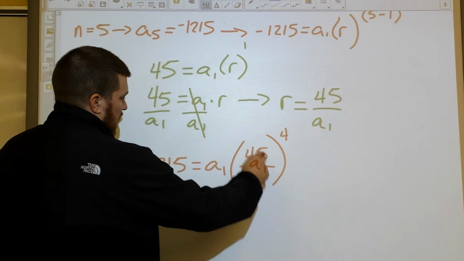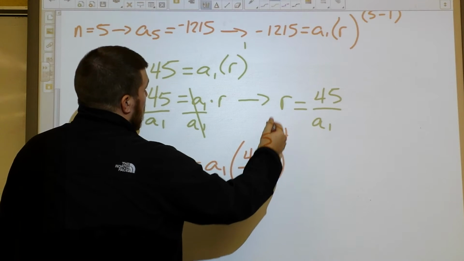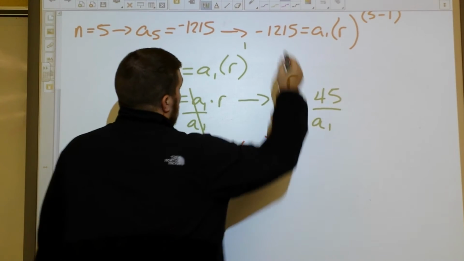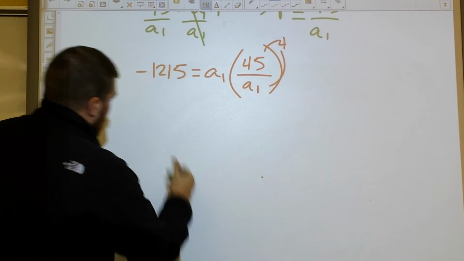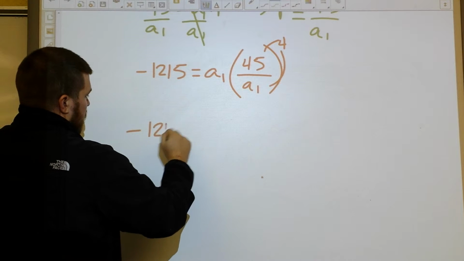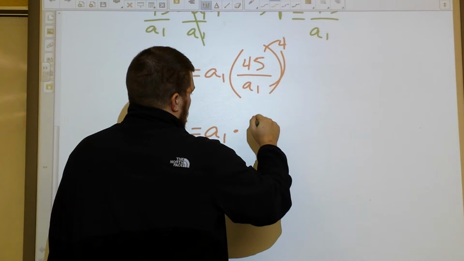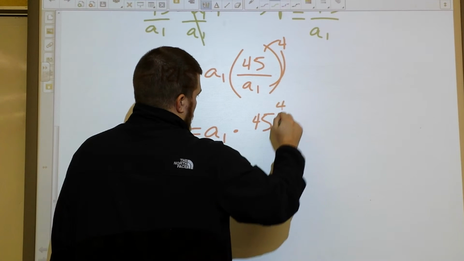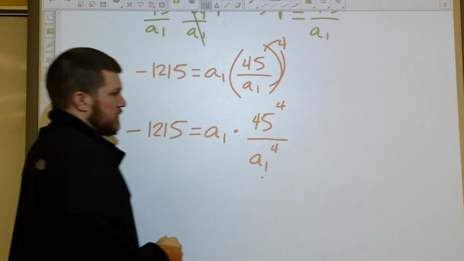First off, remember when I have parentheses and the power on the outside, it's like sharing the power. So both pieces of my fraction are going to get this fourth power. So really what I have is negative 1,215 is equal to a sub 1 times 45 to the fourth power over a sub 1 to the fourth power.